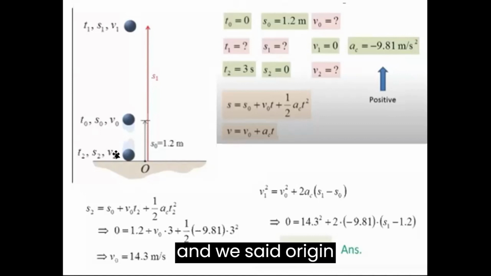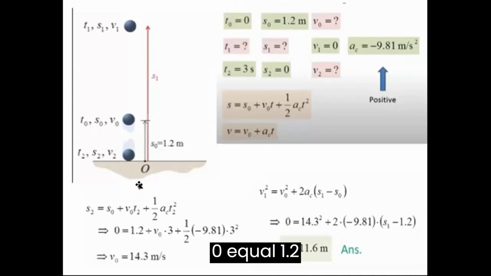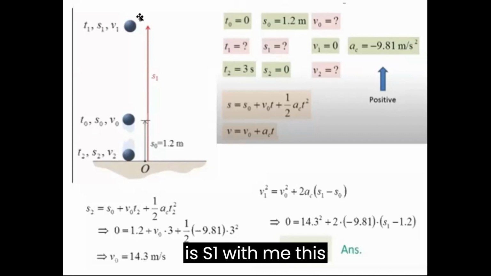We set the origin on the ground, so the initial position s0 equals 1.2 meters. And the maximum height is s1, meaning this point.